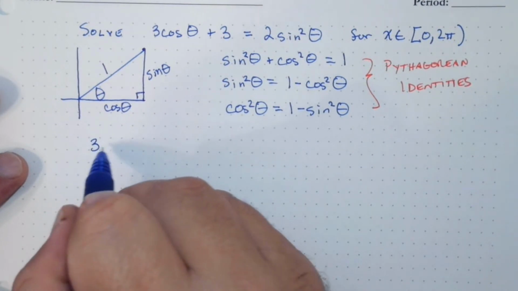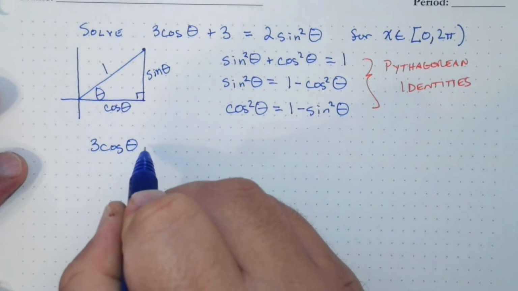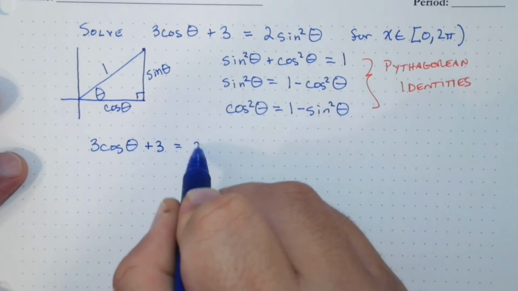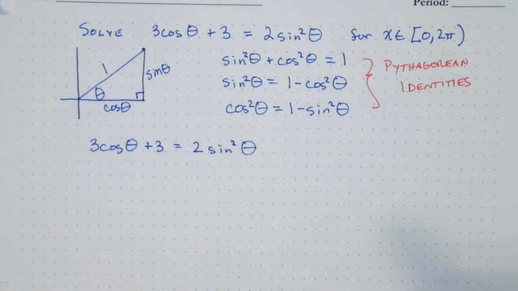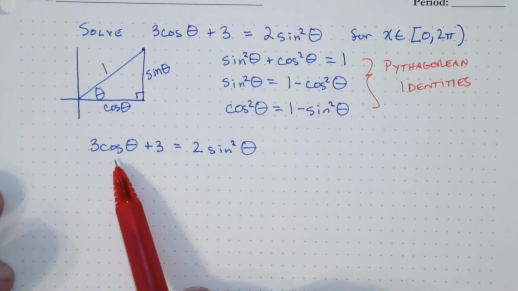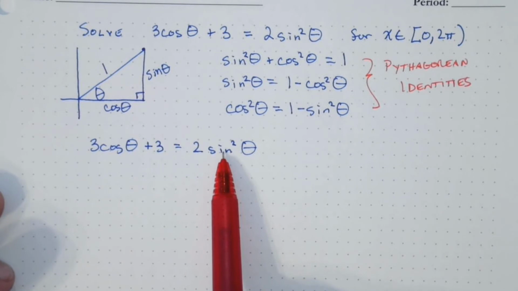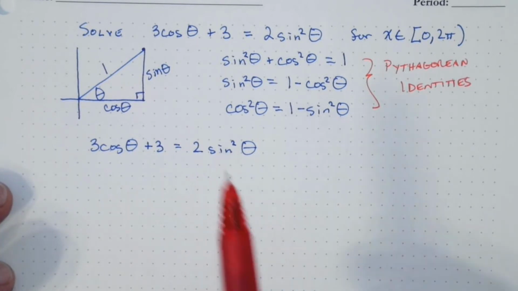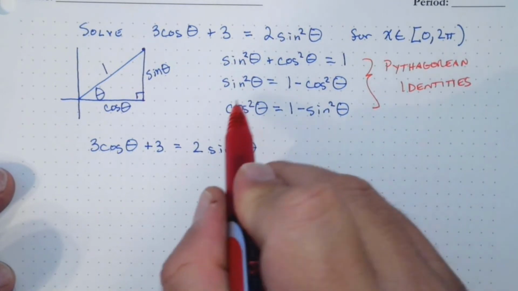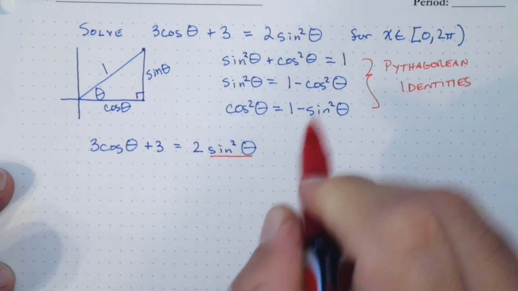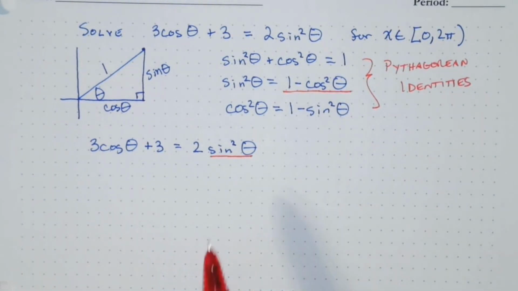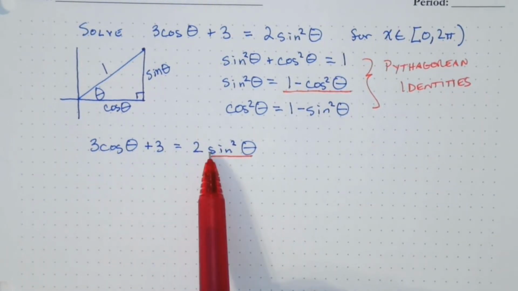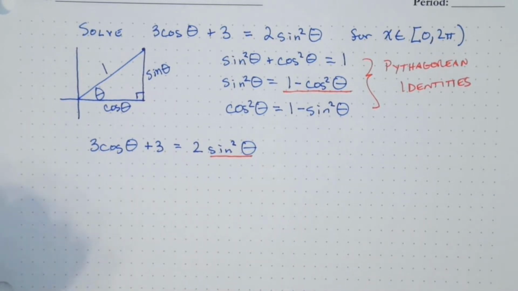We're trying to solve 3 cosine of theta plus 3 is equal to 2 sine squared of theta. All right. So the first thing I notice is that this cosine and this sine squared aren't the same function. However, I should also notice that if I replace sine squared with 1 minus cosine squared, then this entire equation can be in terms of a single trigonometric function, the cosine.